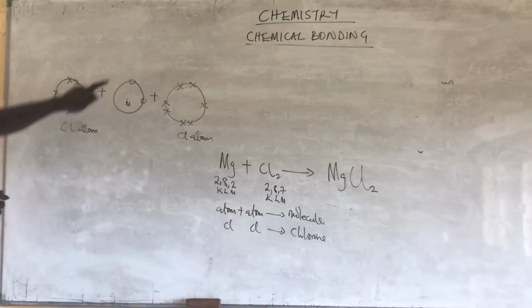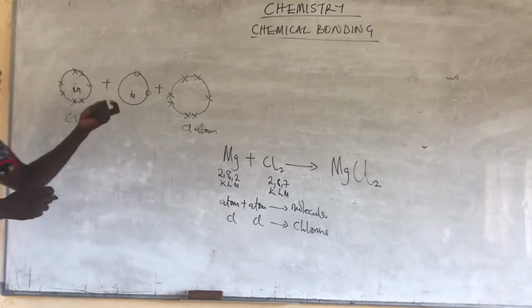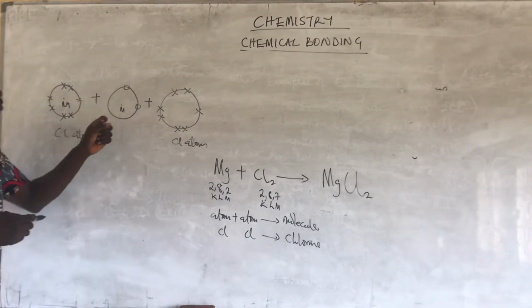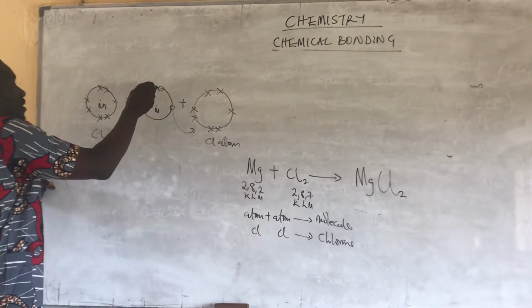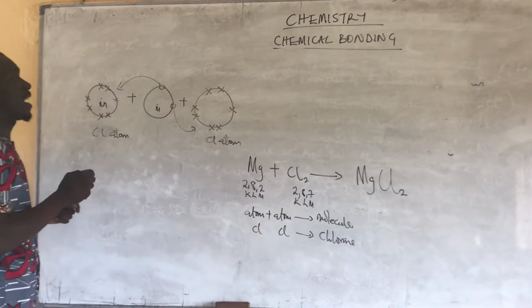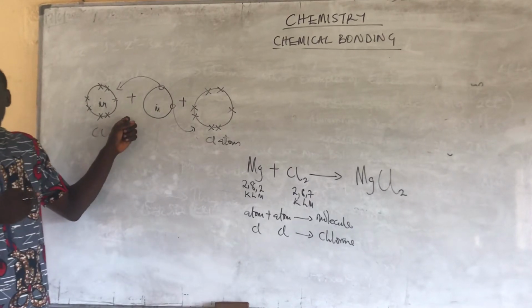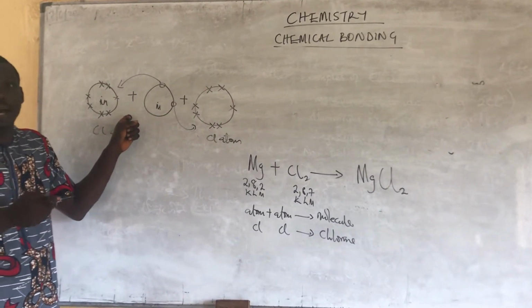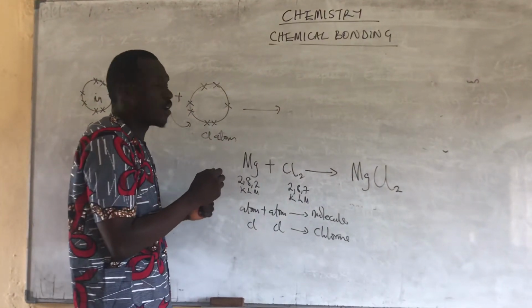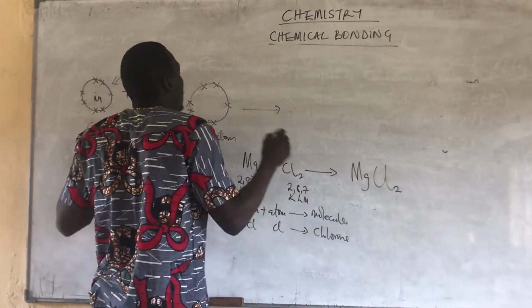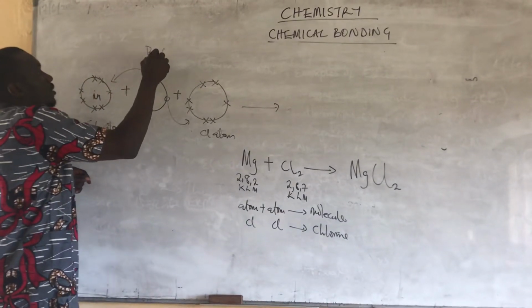What is going to be happening here is that this magnesium atom will be transferring this free electron to this place and will be transferring another one to this place in order to form a stable compound of magnesium chloride. So this is the before combination.